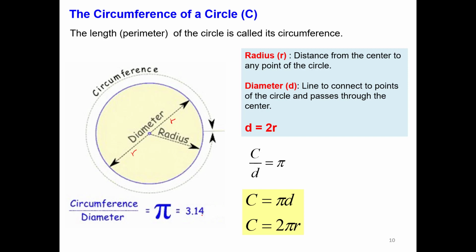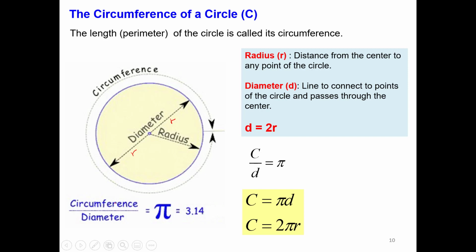This ratio of the circumference to the diameter equals 3.14. This number has a special name, pi, and the symbol for pi is the Greek letter pi. Yes, pi is equal to 3.14.